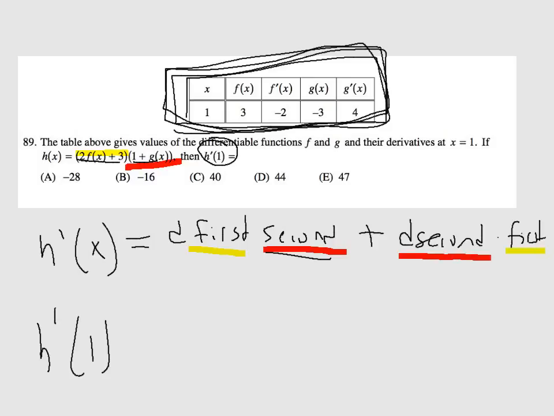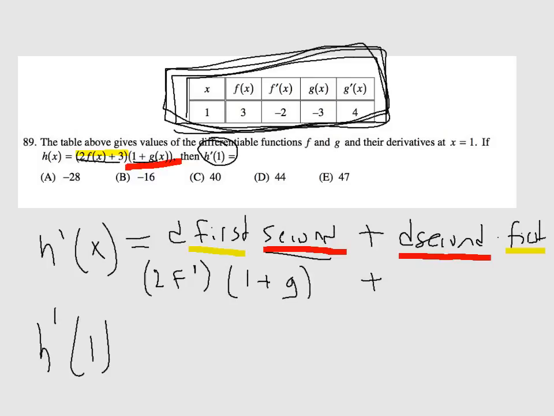Okay. So now let's just go ahead and find these four things out. The derivative of the first is going to be 2 times f prime only. The derivative of 3 will go away. Times 1 plus g.